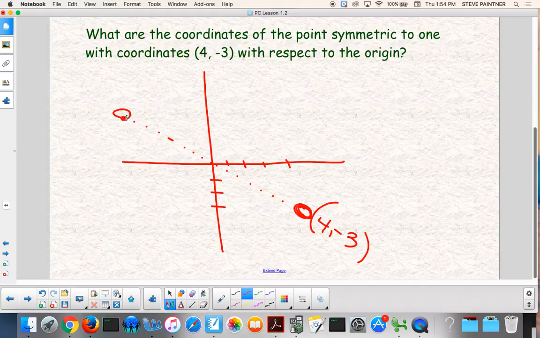That's how I think about going through the origin, but really by definition, you reflect it over the x, you reflect it over the y, you land right here. So what would this point be? Yes. And when you reflect through the origin, the x's are what? Opposite. The y's are what? Opposite. All the time. Okay?